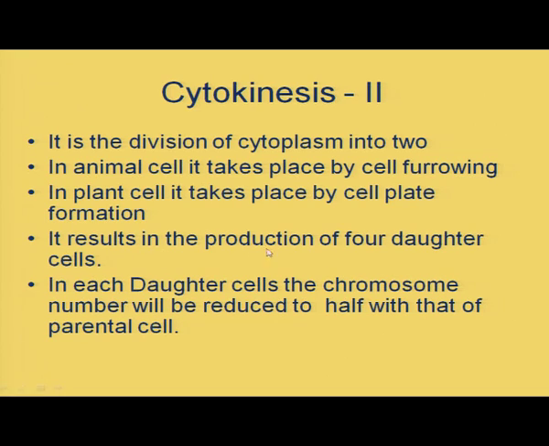Now, it results in the production of how many cells? How many daughter cells after meiosis? Yes, 4 daughter cells. In each daughter cell, the chromosome number will be reduced to half that of the parental cell. So, what term can we use for this process? Reduction division, meiosis.